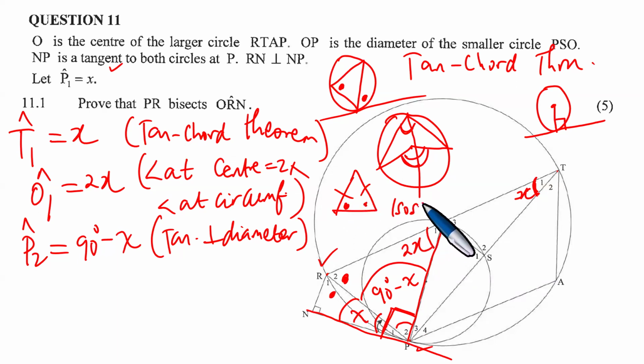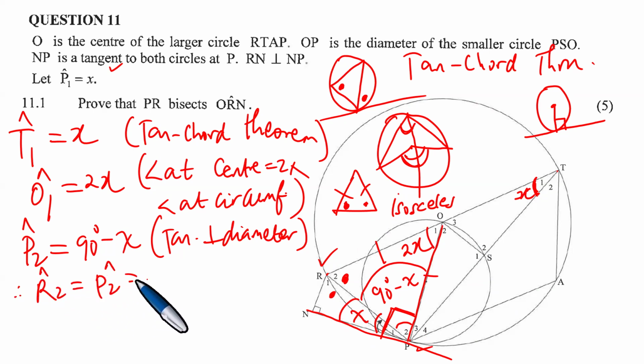In an isosceles triangle, the base angles are always equal. A radius from the center to the circumference is a radius, and from the center to the circumference is another radius. So we have an isosceles triangle, so P2 must be equal to the angle R2. So angle R2 equals P2 equals 90 degrees minus X.